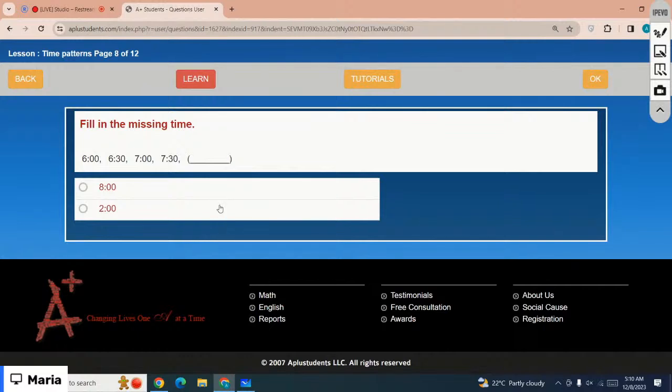The correct option is 8. Time is increasing by 1 hour. Fill in the missing time. Which value is missing?